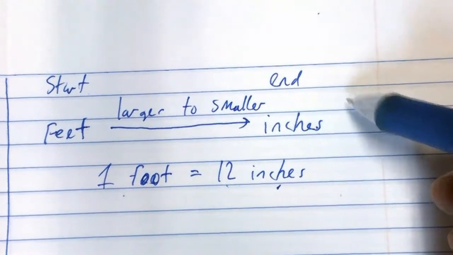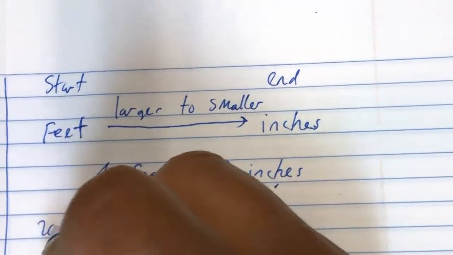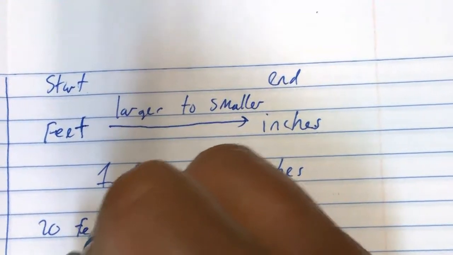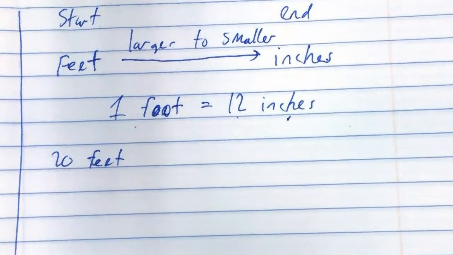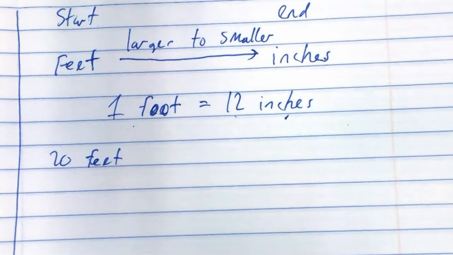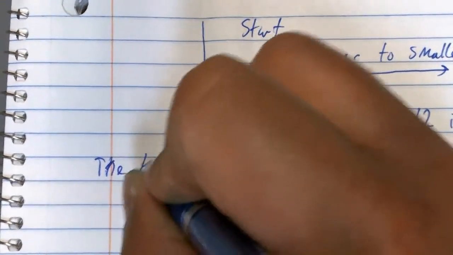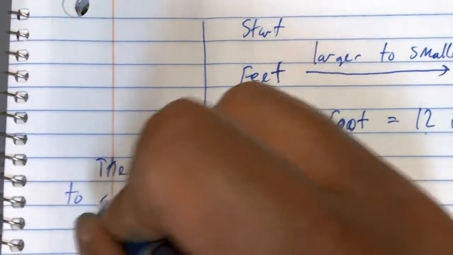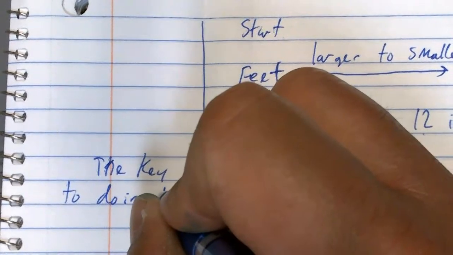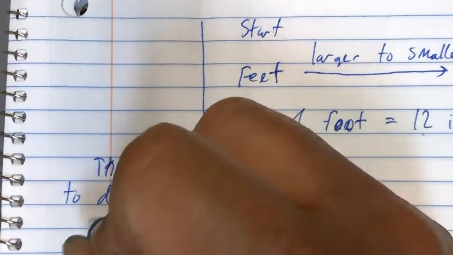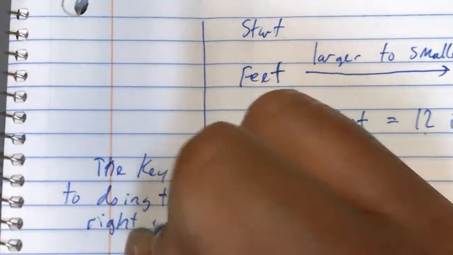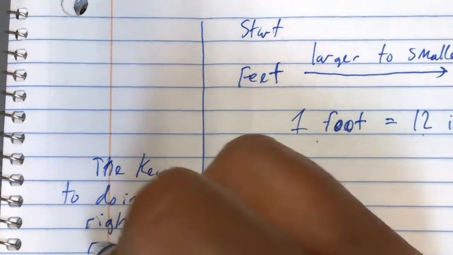All right, so we start with feet, we end with inches. All right, we have 20 feet. That's what we're starting with, okay? And guys, the key here is you're going to be working with ratios. The key to doing this right is ratios.